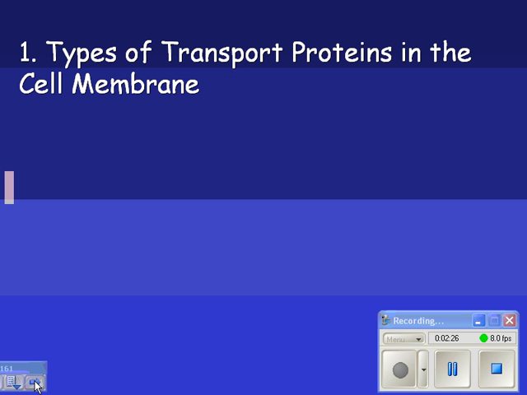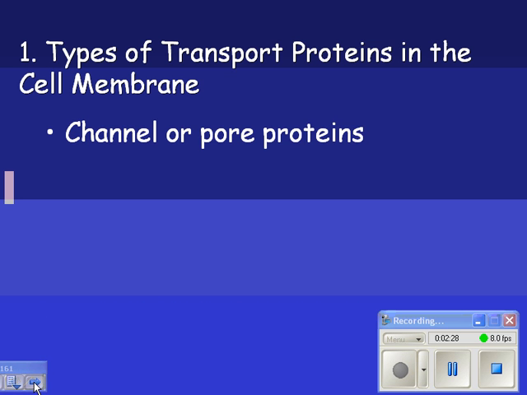So types of transport proteins in the cell membrane. There are some that are called channel or pore proteins, and they look sort of like a toilet paper tube. And so here's the lipid bilayer. A pore protein just has a hole in it, and stuff just goes right through.